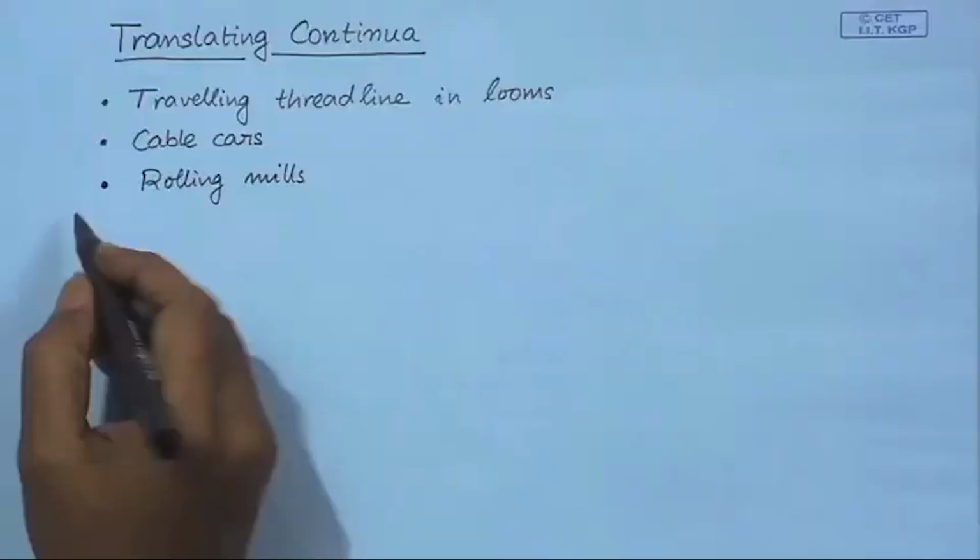The dynamics of this material which is being rolled, it may be a bar or a rail, has to be studied with the axial motion of translation that is imparted in this rolling mill.